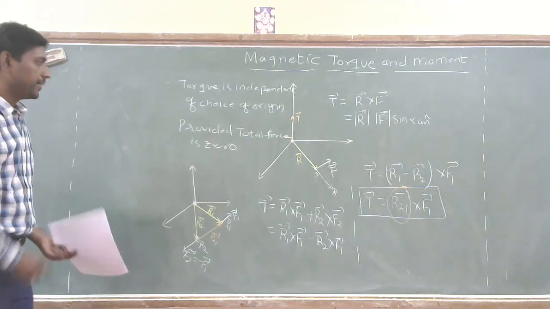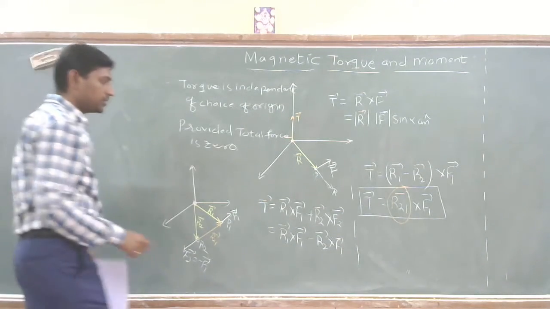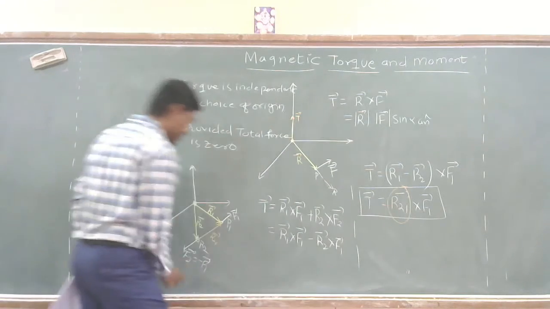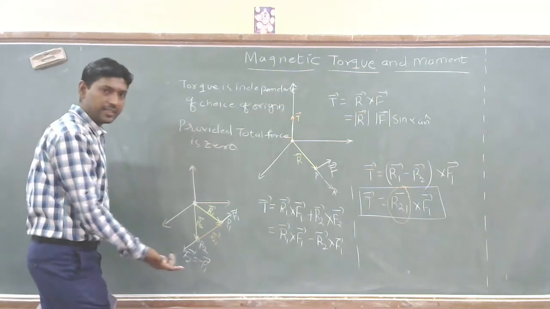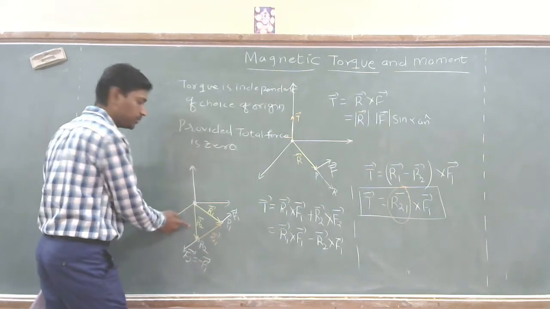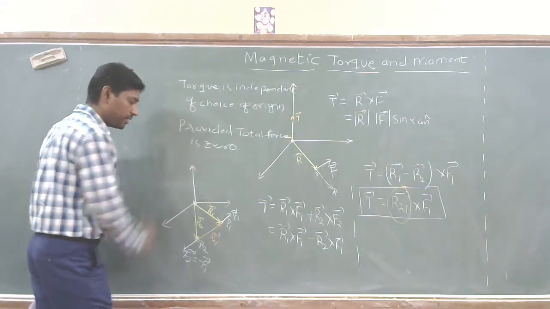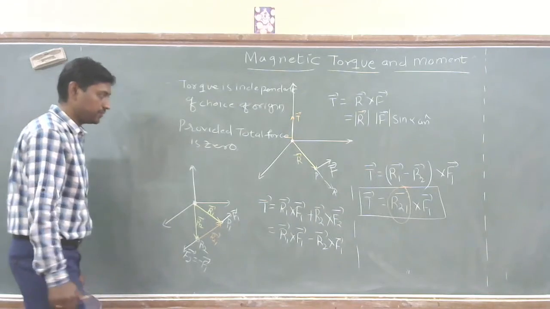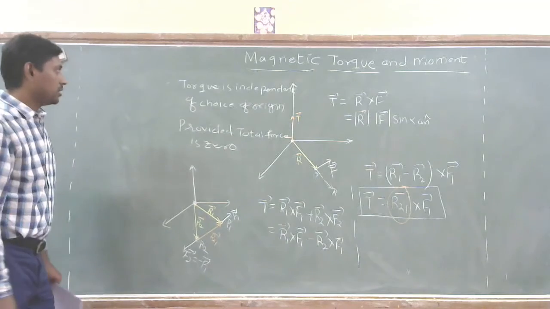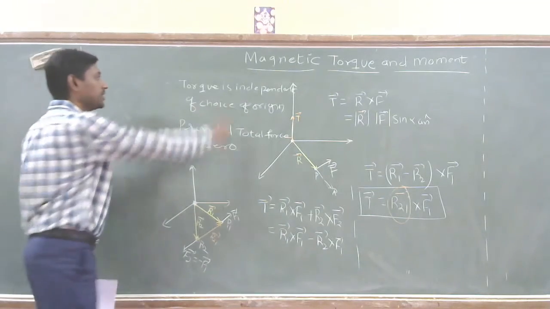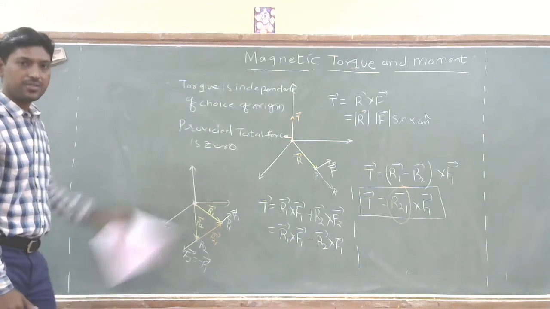Why are we saying that? The r21, which is the distance vector between the two points P2 and P1, is really independent of r1 and r2. I can choose some other reference point, and it is really independent of that, because it all depends on this vector. So I can also say that the torque is independent of the choice of the origin, provided the total force is 0.